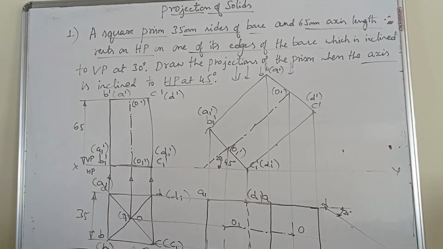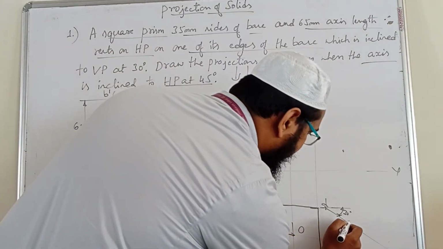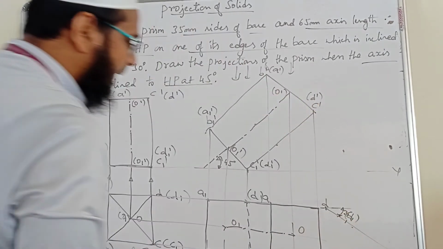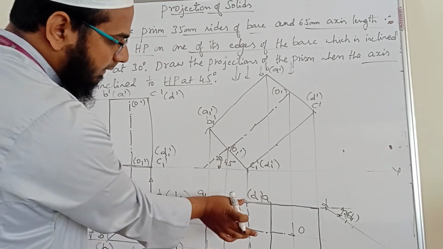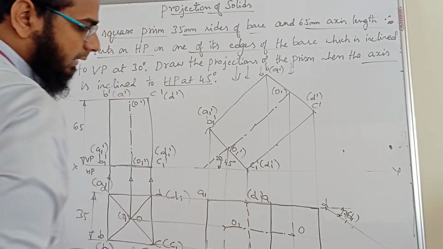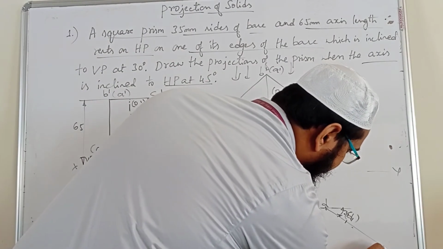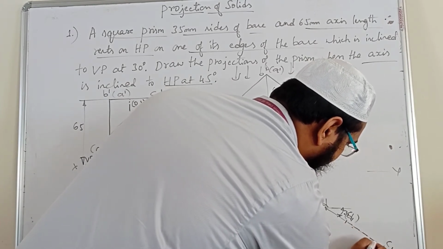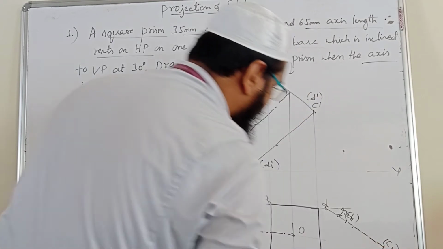How to do that? I will first take a reference point of D1 here. Then, measuring with the compass from D1 to C1, cut it. This is a dashed line, right? So D1 C1, we have cut it.